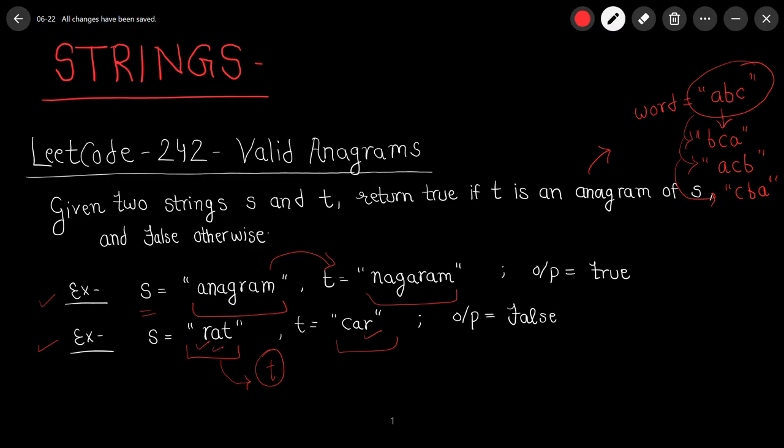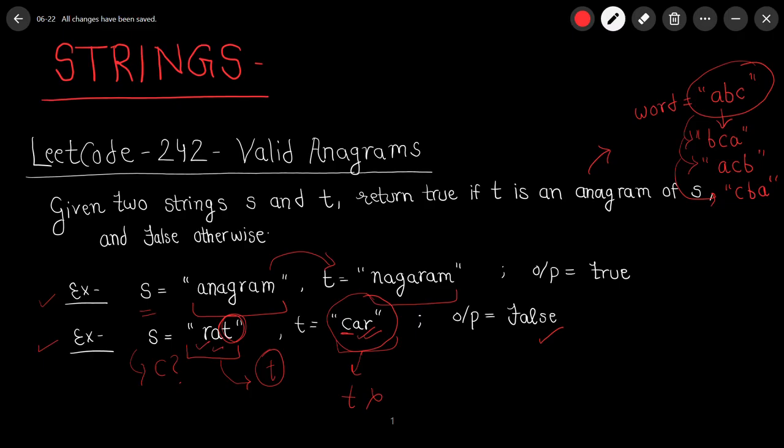Here A, here also A, so no problem. But here we have a T, and nowhere here do we have a T. So T is missing from here. Similarly, here we have C, but in the S string we don't have a C. That's why they are not anagrams, so we return false.